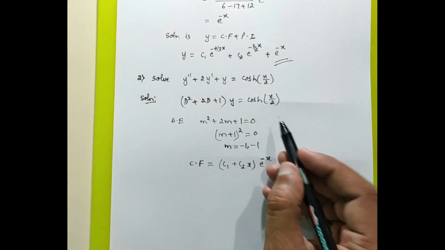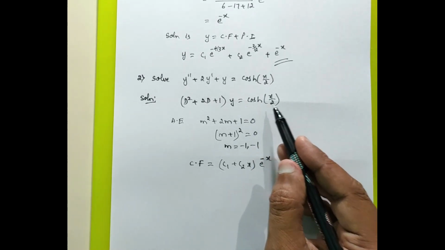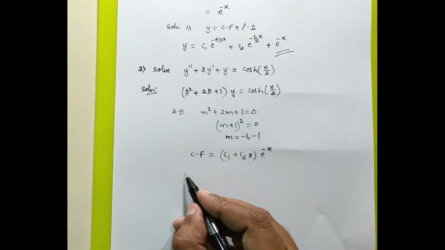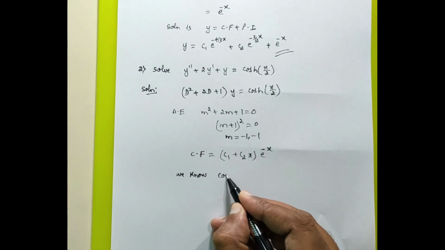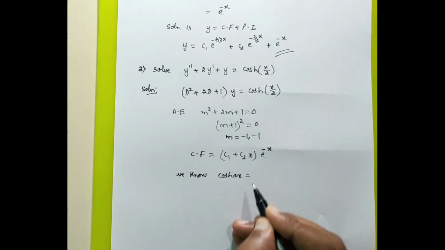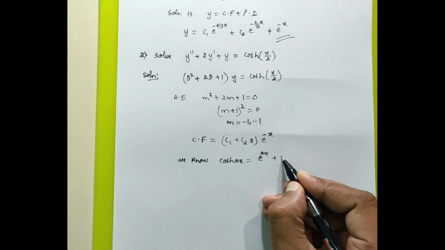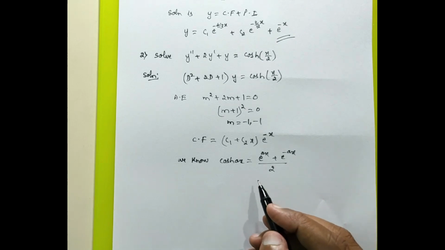Because it is in the hyperbolic function, you have to write this hyperbolic function in the form of the exponential function. So we know this formula: cosh(ax) = (e^(ax) + e^(-ax))/2.